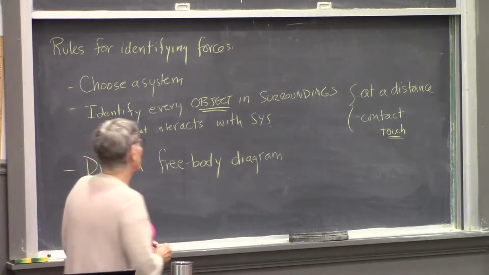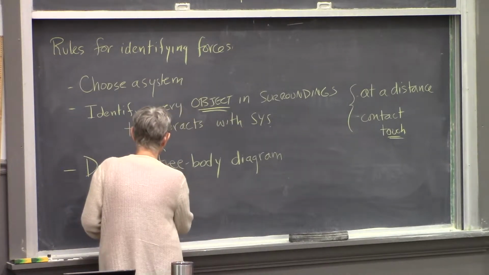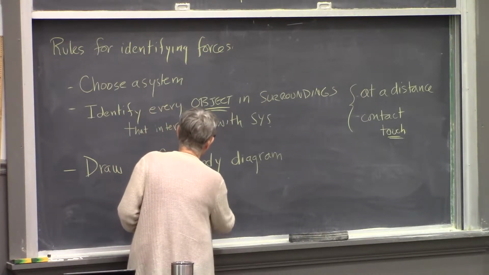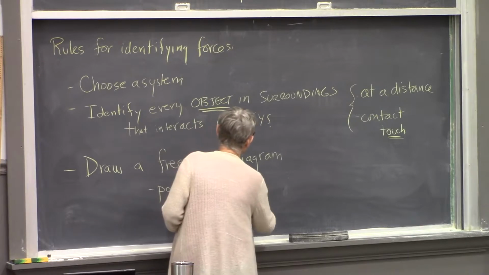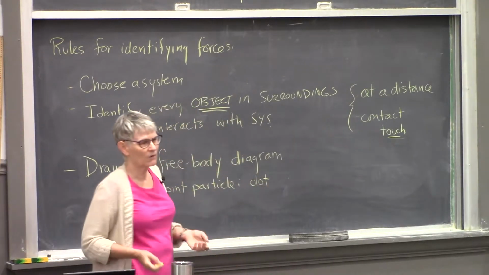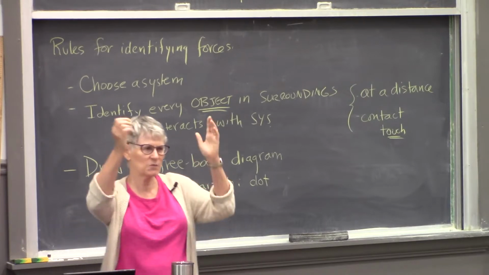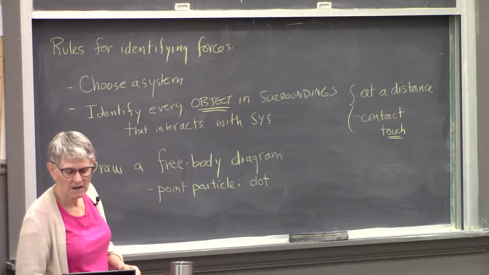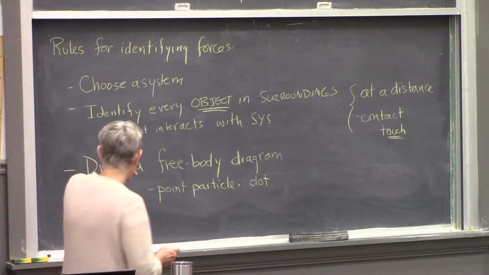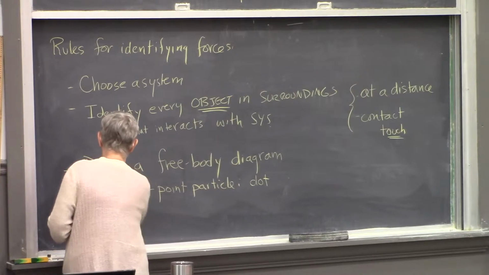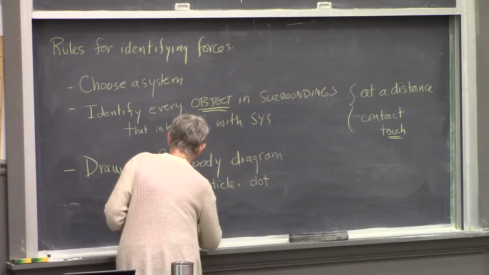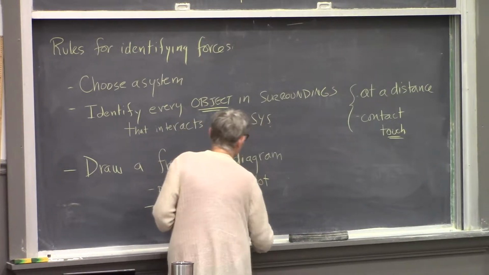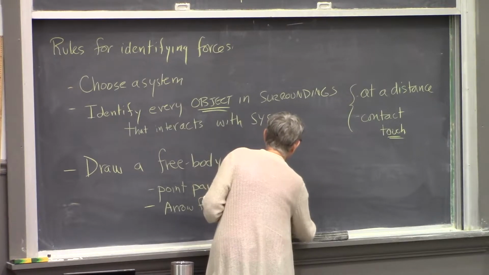So how to make a free body diagram. If we're modeling a system as a point particle, okay, we don't care if it's round or square or spaceship shaped or whatever. Represent each force by an arrow, and its tail on the system.